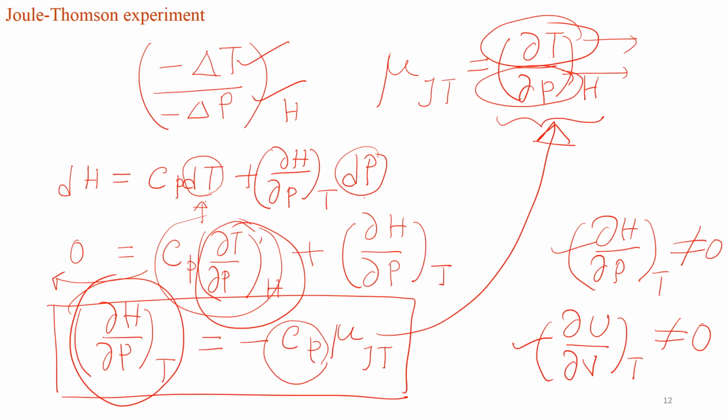So far what we have discussed is as follows. We first discussed the statement of the first law and how the mechanical equivalence of work leads to the statement of first law as, for any cyclic process, the work done must be equal to the heat withdrawn.